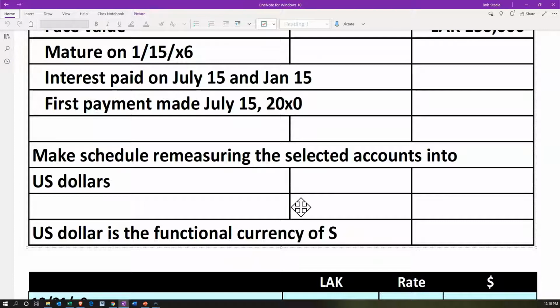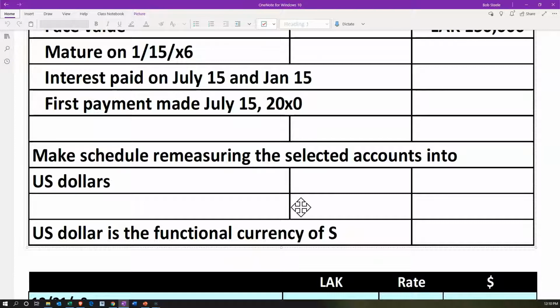So, a quick word on the remeasuring process. Notice that if we're looking at the accounts of the subsidiary, this is the story here. The subsidiary was created. It's in a foreign country. It's conducting its books in a foreign currency. The typical question then is, how are we going to convert that foreign currency unit into dollars so we can have consolidated financial statements with the parent company, which is in US dollars?